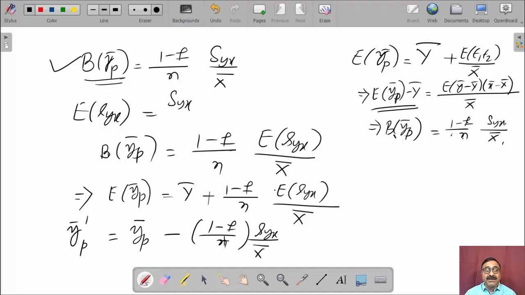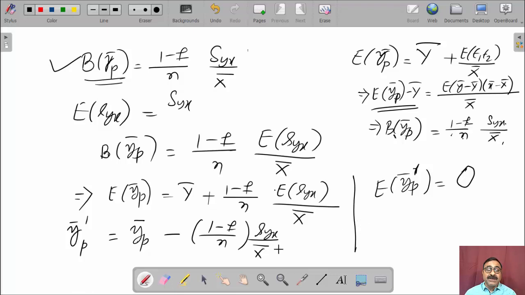If you define another estimator like this, its expectation, that is of Ȳ_p dash, will be expectation of Ȳ_p. This will be this much minus (1 minus f) by n, expectation of s_yx will be capital S_yx, so its expected value will be 0.